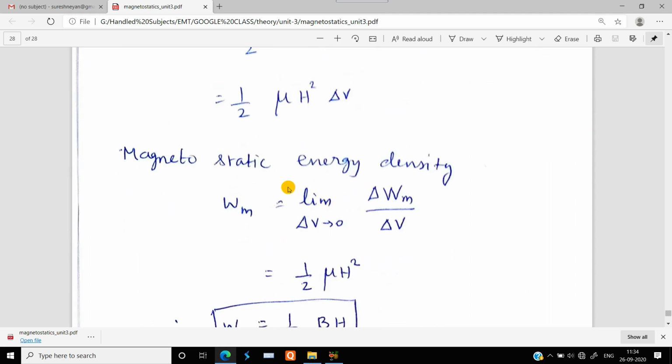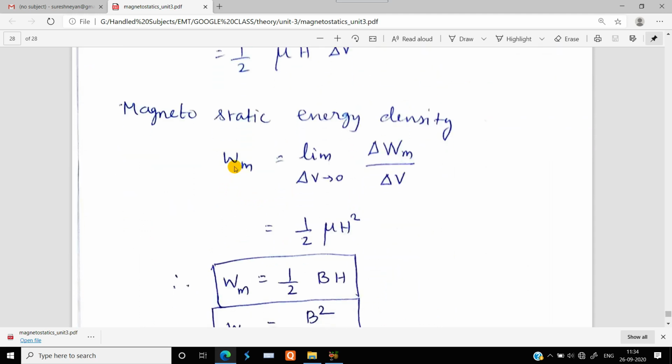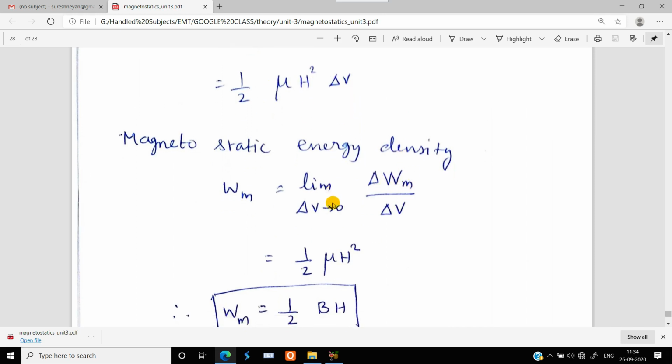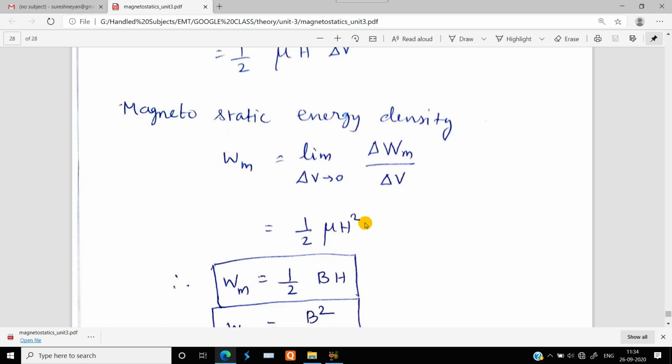So the magnetostatic energy density is represented by Wm, which is the limit of del v tends to 0 of del Wm divided by del v. If you apply this value, then we get half into mu H square.